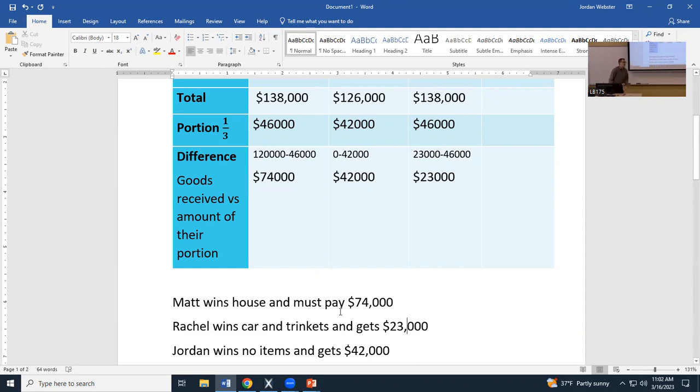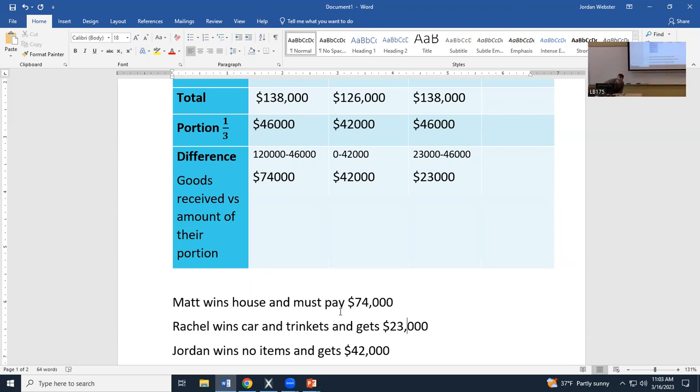So because Matt got more than what his portion is, he's got to pay an extra. Because Jordan and Rachel got less than what their portion is, they get out some of the extra money that Matt paid in. All right. So Matt's gonna have to pay 74,000. The 23,000 and the 42,000 are gonna come out of that.